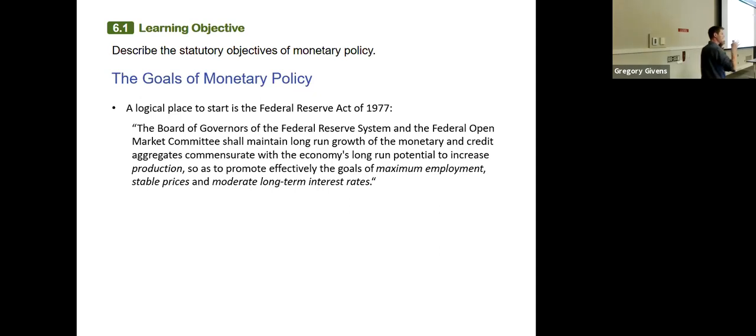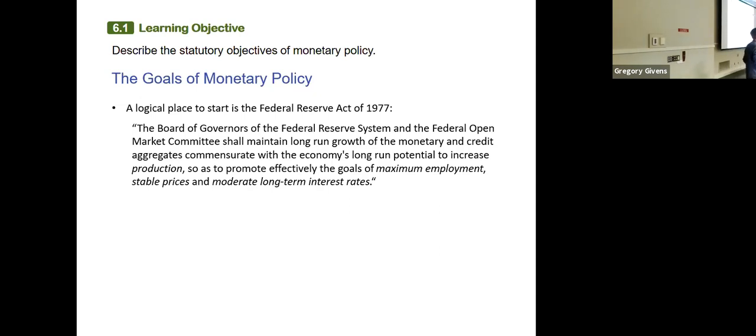Now, to keep this in perspective, remember when we talked about the Fed's introduction at the beginning of this semester? The Fed was originally created as this lender of last resort for banks, as well as to try to maintain the health of the payment system. The original creators of this legislation did not predict that the Fed would have such a large role in overall macroeconomic stabilization, that is, trying to smooth out the business cycle.